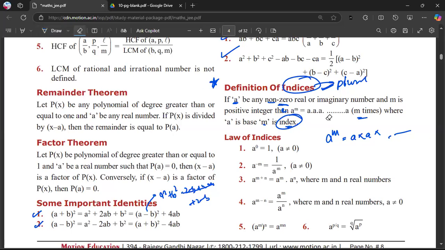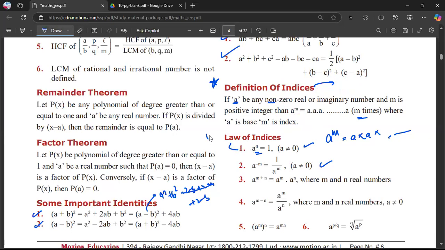Understood? Yes, sir. So the first property says, and we have already mentioned, that A is non-zero. So A raised to power 0 will always give 1. A can be anything other than 0.